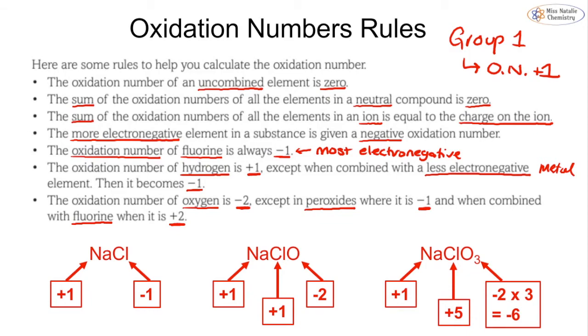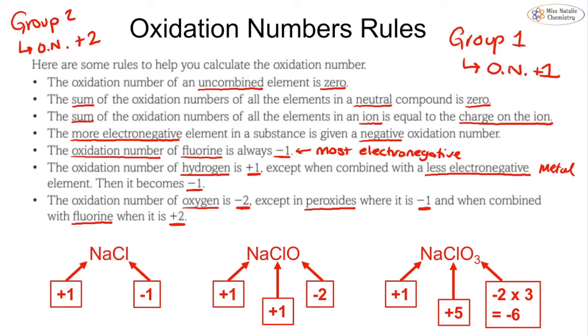If it's in group 2, it is going to have an oxidation number of 2+, and so on and so on. So that you can use the position on the periodic table to help you. So if we look at sodium chloride, the chloride is the more electronegative, so that's going to be our negative number. And chlorine is in group 7, so it's more likely to form a 1- ion, so its oxidation number is 1-. For sodium, it is going to be 1+ because it is in group 1.